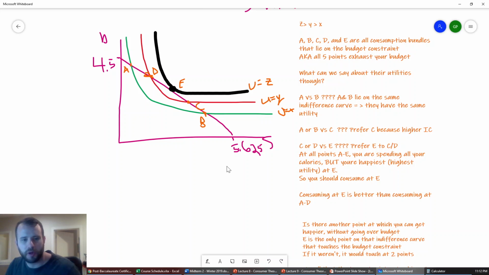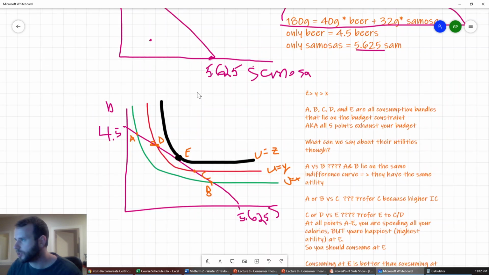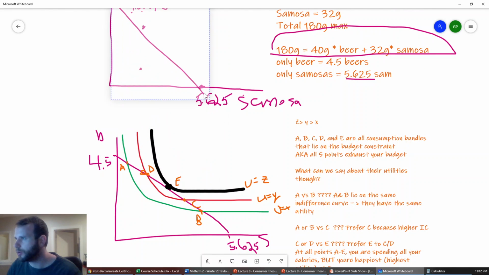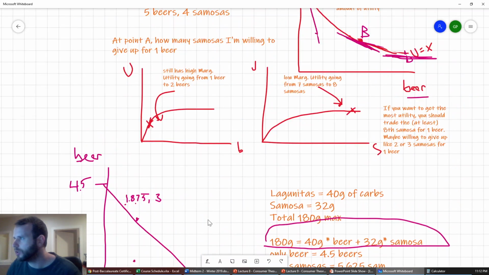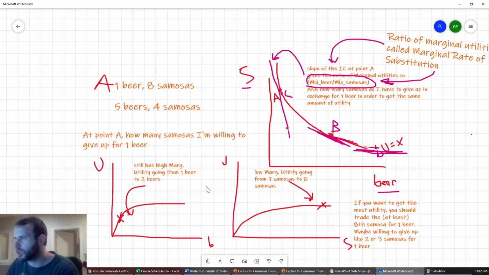So when we were talking about marginal utility, I mentioned that the slope of the indifference curve at any tangent is the marginal rate of substitution.